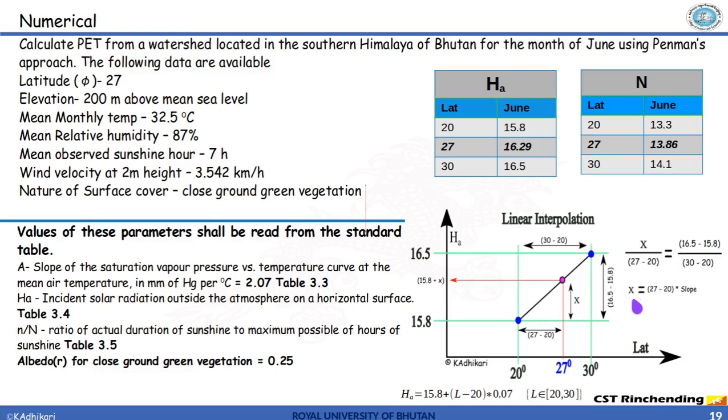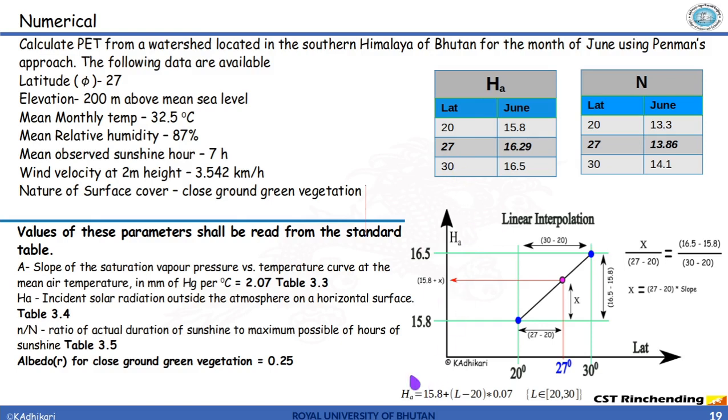So from here we can get the value of x, which is equal to the base of the smaller triangle times the slope of this line. But our interest is not to find x, our interest is to find the y coordinate. So the y coordinate is going to be 15.8, this value, this line, plus x. If I substitute the value of x in this expression, I get the value of Ha at latitude 27 degrees.